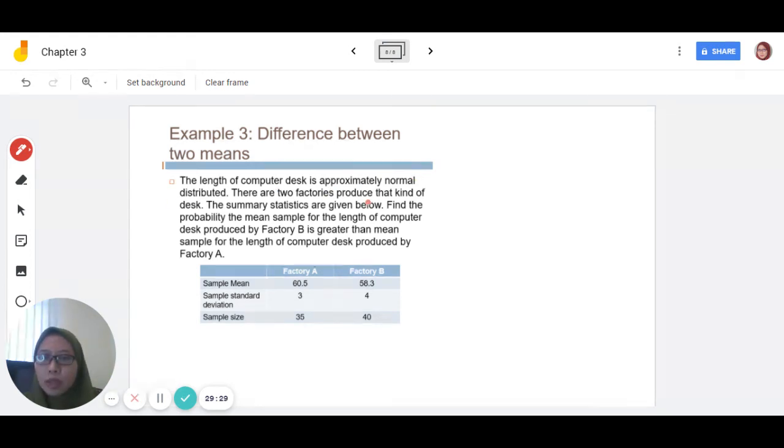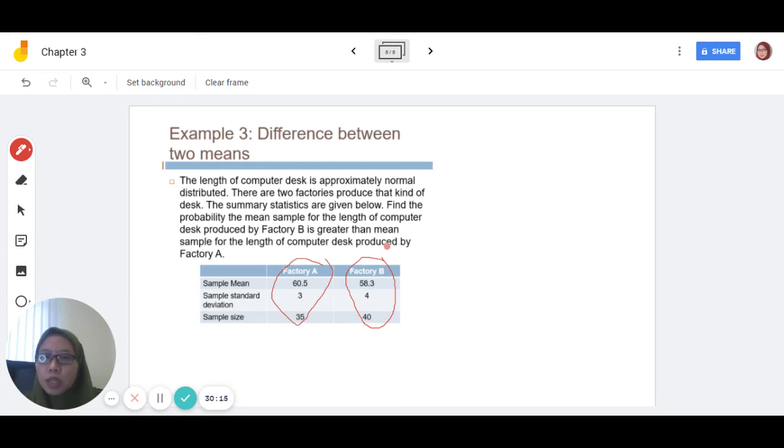There are two factories which produce that kind of dust, factory A and factory B. So this is population A, and this is population B. We take a sample from each population and compute the sample mean, which is 60.5 for factory A and 58.3 for factory B. Then we compute the standard deviation for both samples: 3 for factory A and 4 for factory B. The sample size from factory A is 35, and from factory B it is 40.